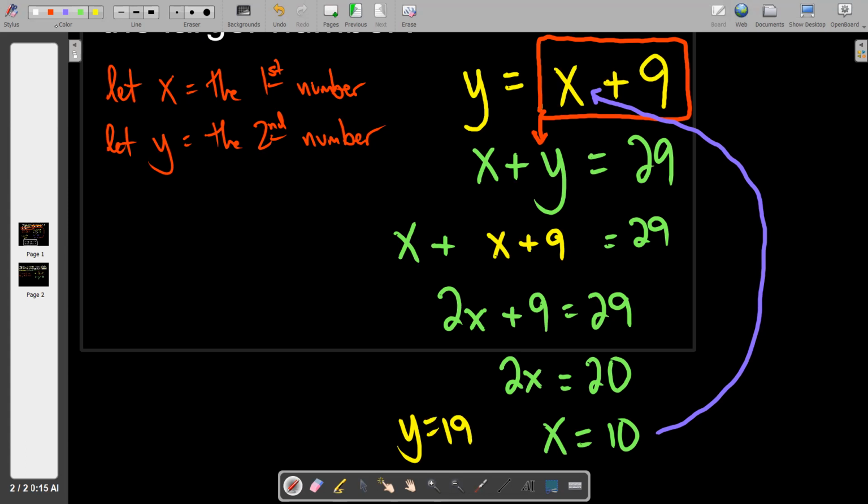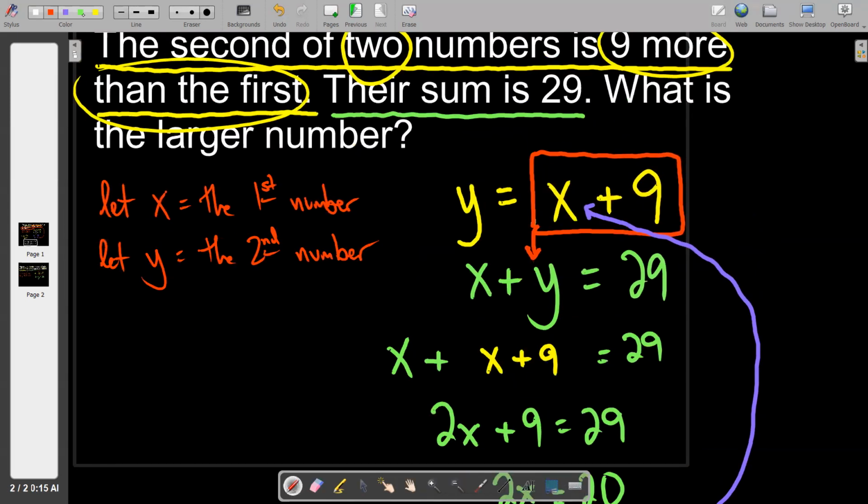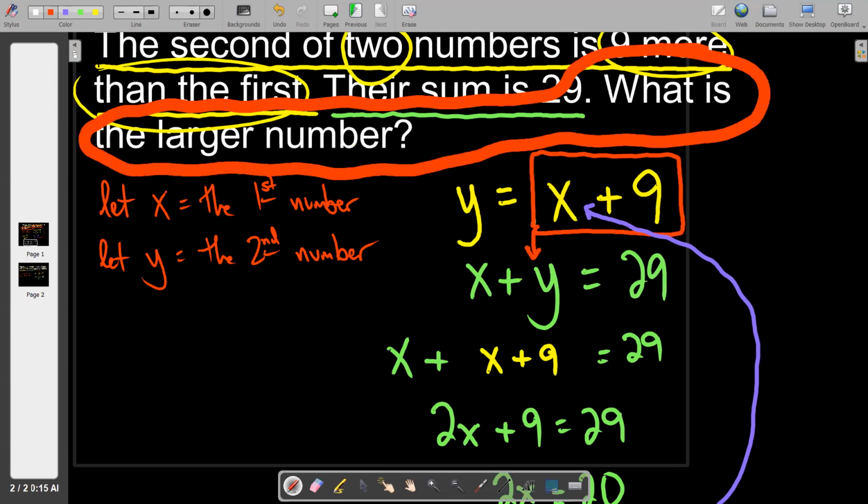So let's write our sentences and move on to example 3. The first, oh wait, you know what? Hang on a second. Let's go back and read the question. I almost missed this earlier, and I was like, God, don't tell me I'm going to have to record again 6th hour. Geez, I should read my own math problems. This question is only asking for the larger number.